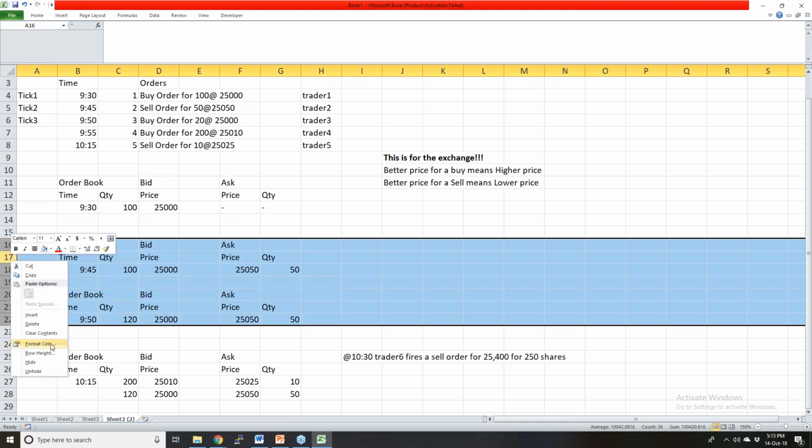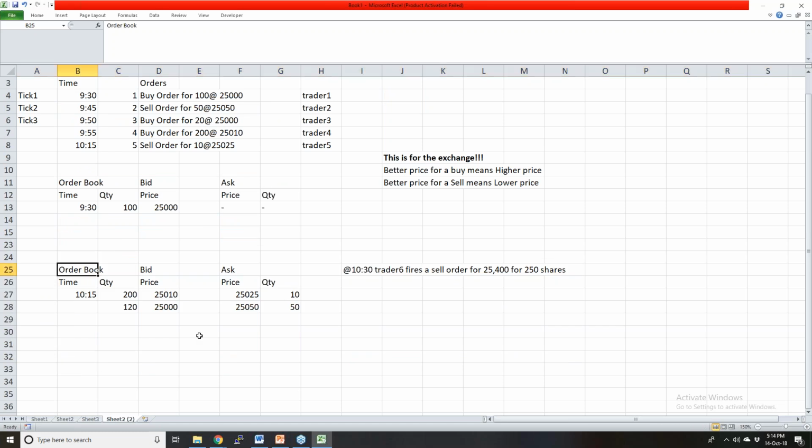Let me just hide this. So the trade would be, trader 6 will get 200 shares at 25,010, will sell, and trader 4 will buy 200 shares at, so this is the match trade, right?